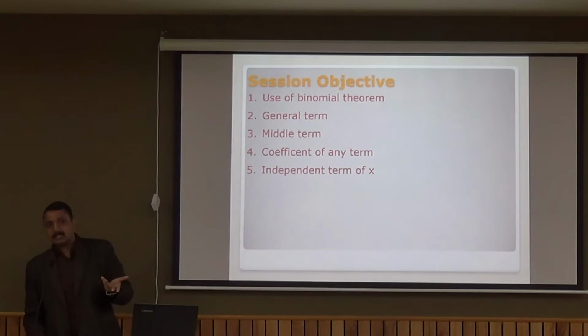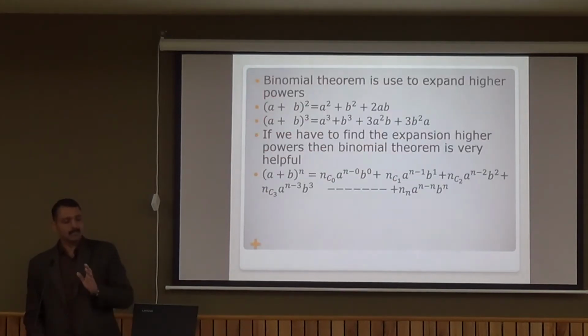Suppose we are given any expansion, (a+b) raised to power n, which can be 25, can be 100, can be any index, because here we are studying positive indices. So for (a+b) raised to power 25, he can ask you to find the 15th term, the 12th term, any of the terms. That is called the general term. After that, we will study the middle term, which will be the middle term. And then we will find the coefficient of any term, and then the independent term of x.